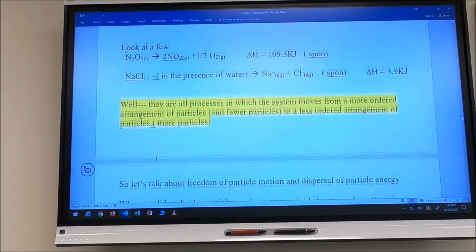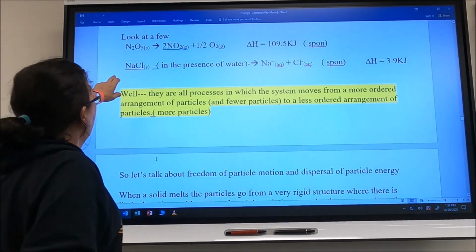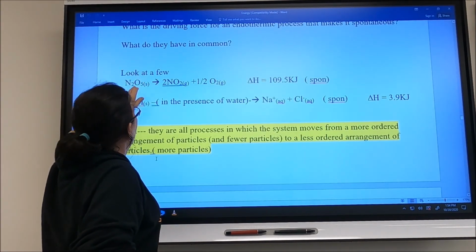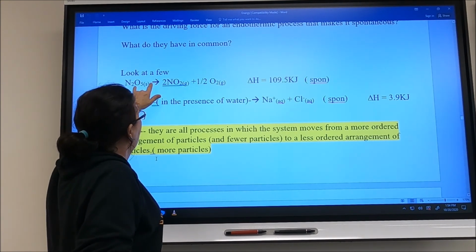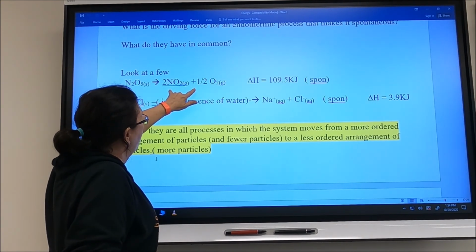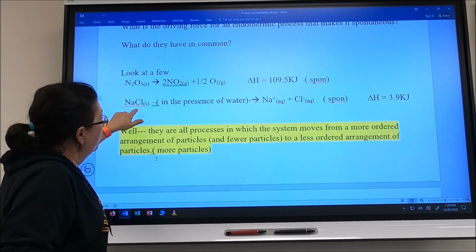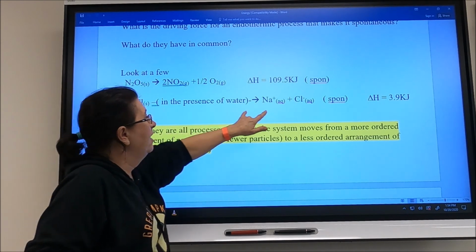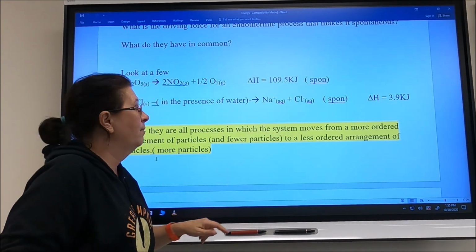Figured it out yet? Don't worry, it took a lot of people a long time. If I look at this, notice I'm starting out with 1 mole of particles as a solid, and I end up with 2.5 moles of particles in the gas phase. Here I'm starting with 1 mole of particles in the solid, and I'm ending up with 2 moles of particles in the aqueous phase.